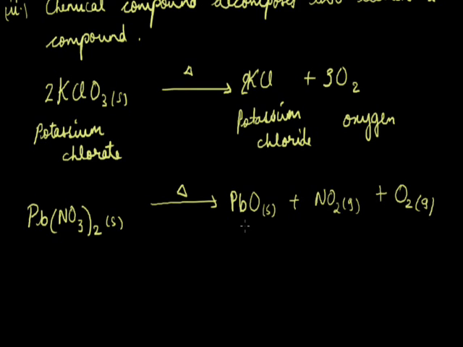So here there are two compounds and one element. Whenever a compound decomposes involving one gas, it may involve one element or one compound, and it comes in this category of decomposition of a compound into element and compounds. The compounds can be more than one, or the gas can also be more than one. Either of them can be. This is lead nitrate.